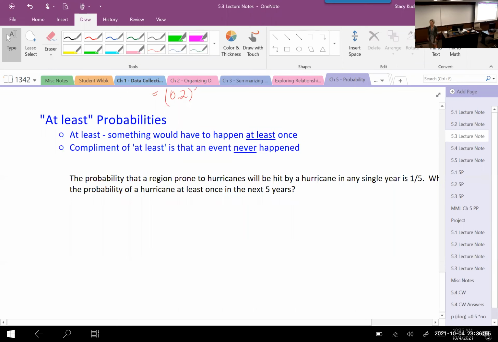Think about that. This gets into like backwards thinking or looping thinking sometimes. If I have something that happens at least once, it's going to happen one time or more, correct? So the complement of that would have to be something that never happened. Because at least says it happened one or more. The complement of that is it didn't ever happen.